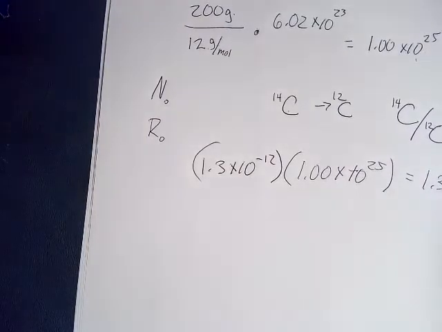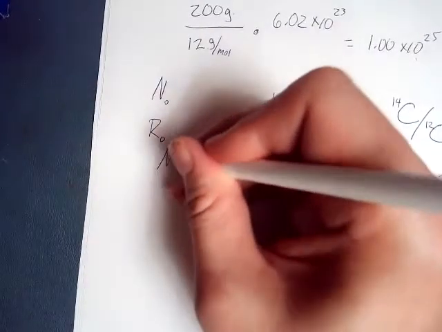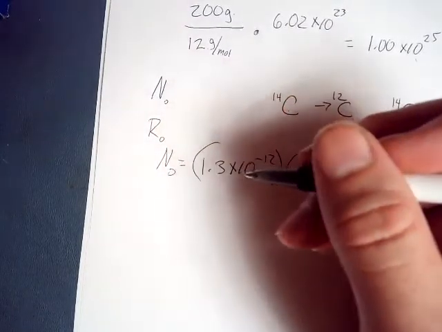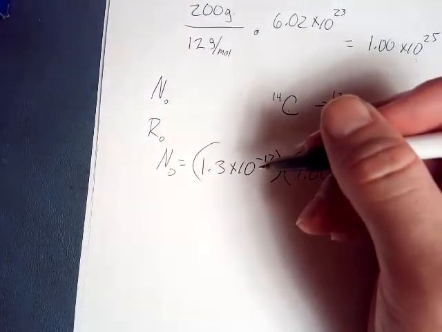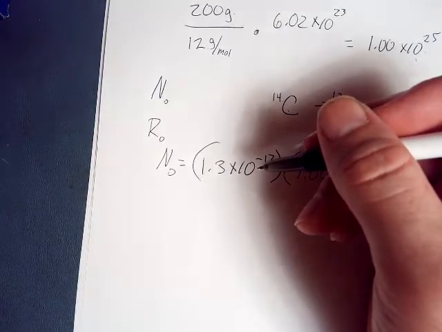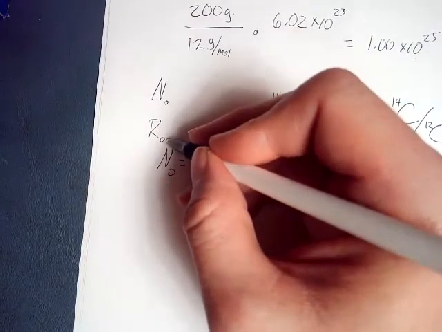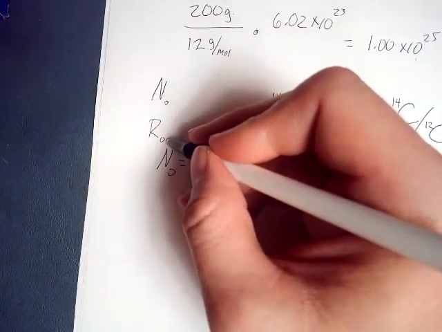Okay, so we start with that many. So that's our N0. And now we need R naught. Okay.